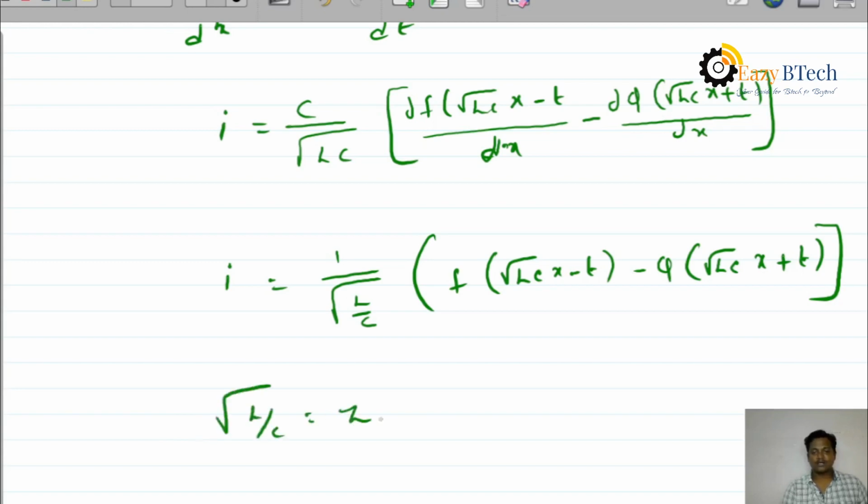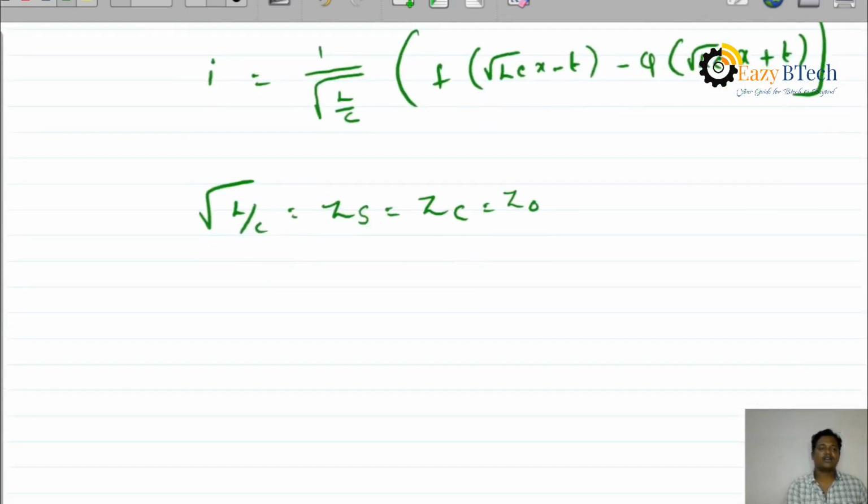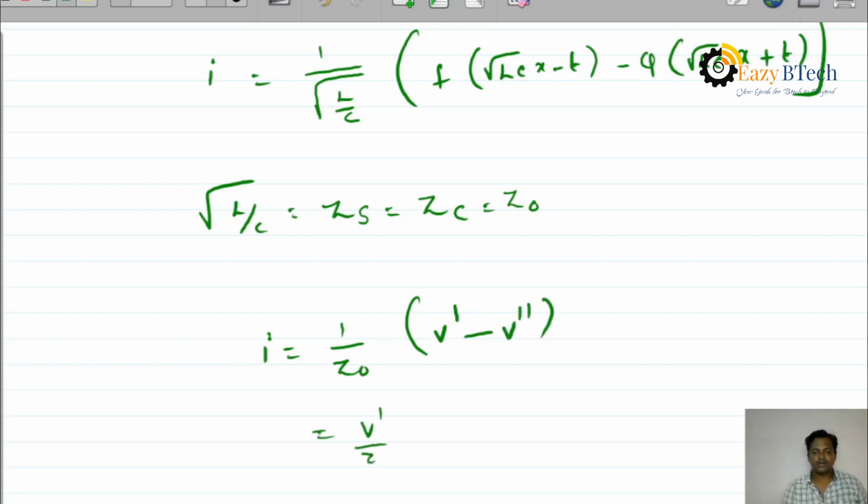It is nothing but the surge impedance. Surge impedance we also represent with Zc, characteristic impedance, or Z0. Therefore, the current equation I becomes 1 by Z0 into f of root LC x minus t, which is nothing but V dash, minus phi of root LC x plus t, which is nothing but V double dash. Therefore, the equation becomes V dash by Z0 minus V double dash by Z0.